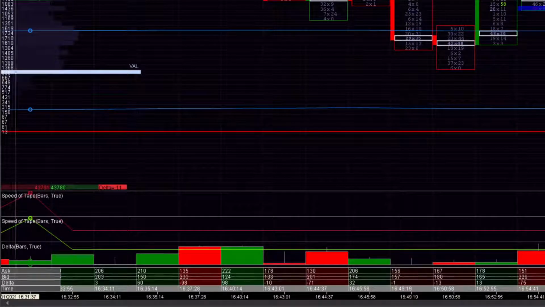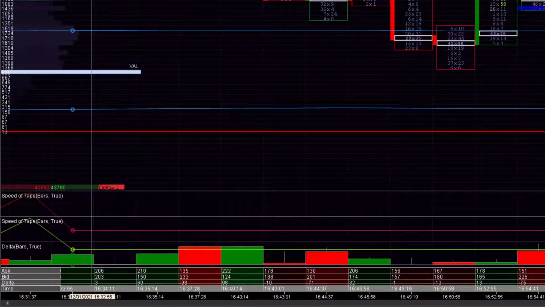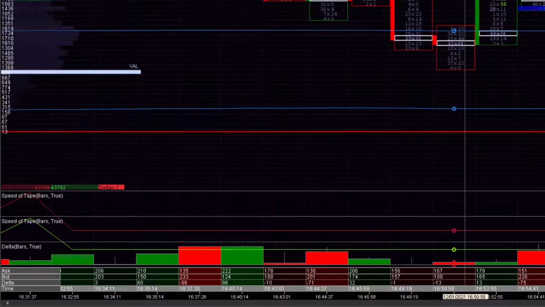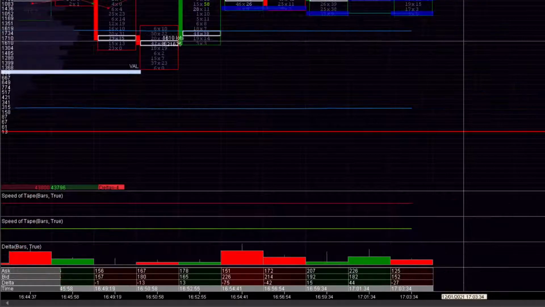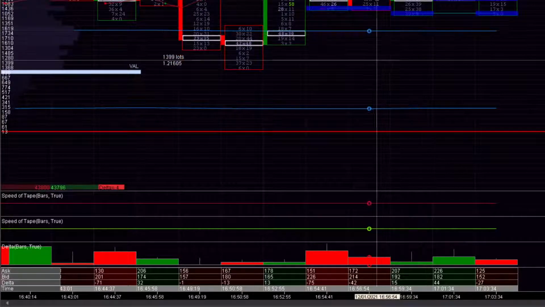And at the bottom, you can see exactly how many trades were on the ask, on the bid, the delta, and the time. You can actually add more stuff here, like the volume, the imbalances, everything. There is a lot of information you can put here because you can get all the information from the market and just put it as you like in the chart.